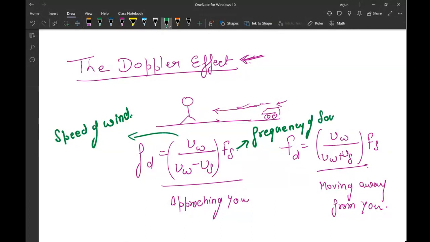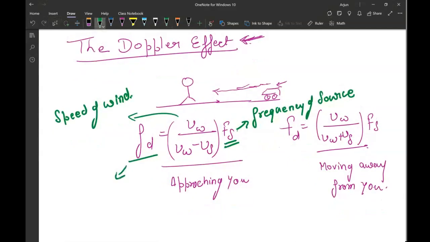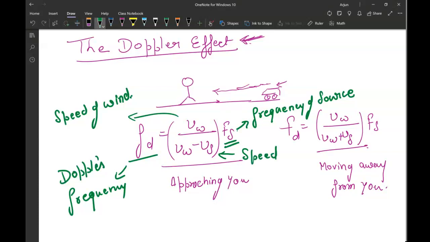And Ft is the Doppler's frequency. And this Vs is the speed of source.